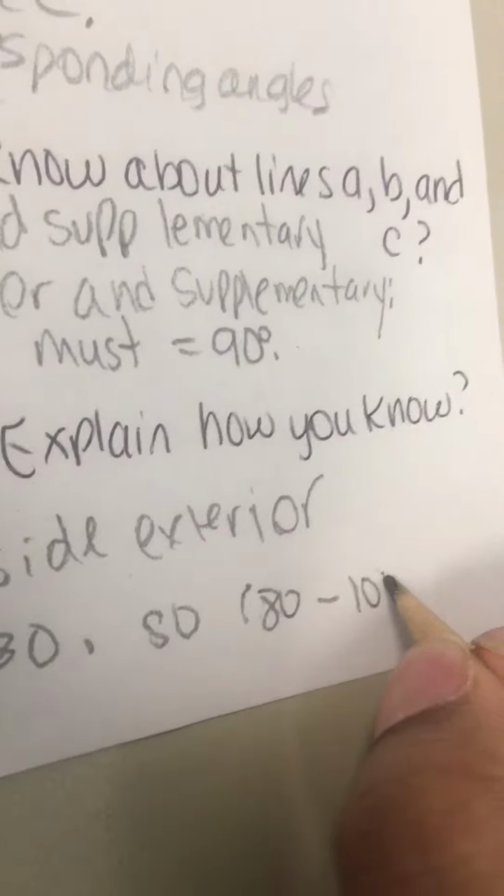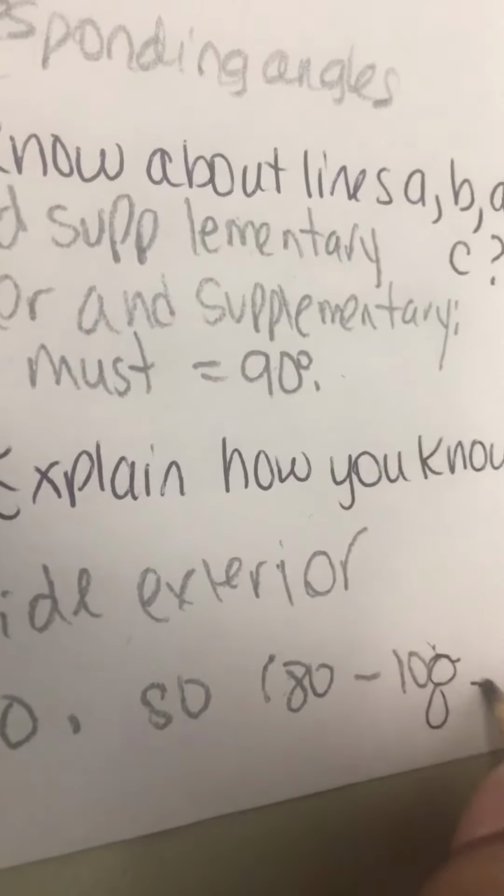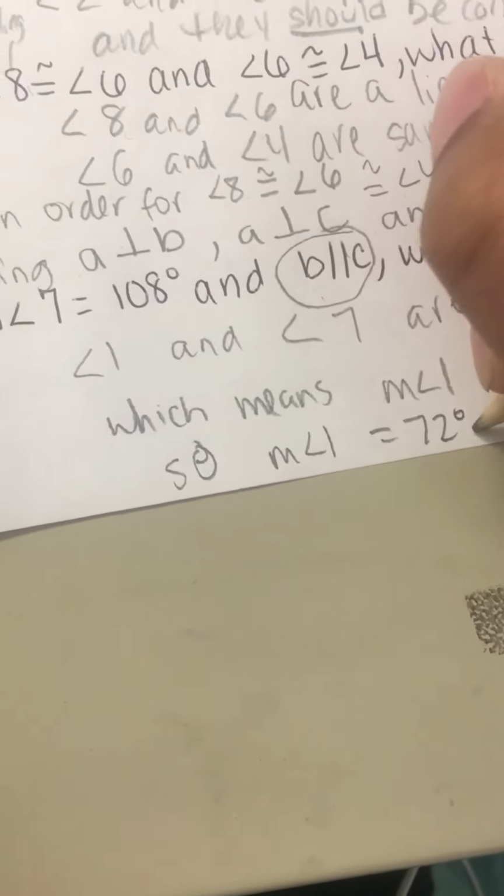So it's hard to write and hold this at the same time. So 180 minus 108 equals 72. So the measure of angle 1 equals 72 degrees.